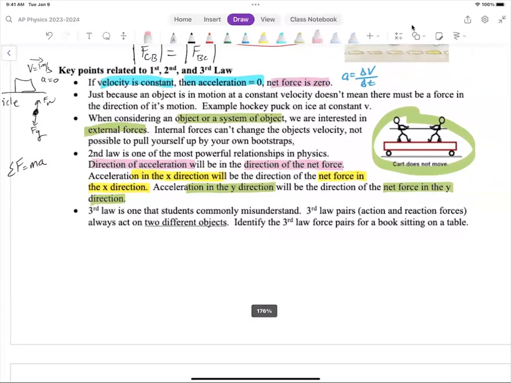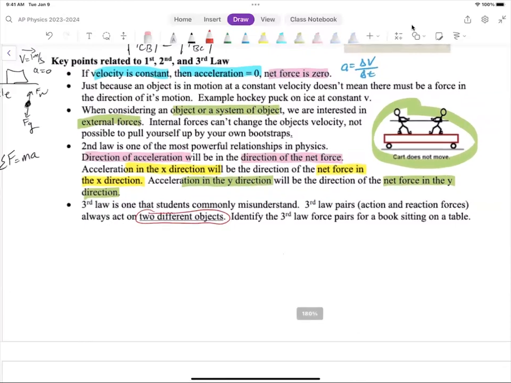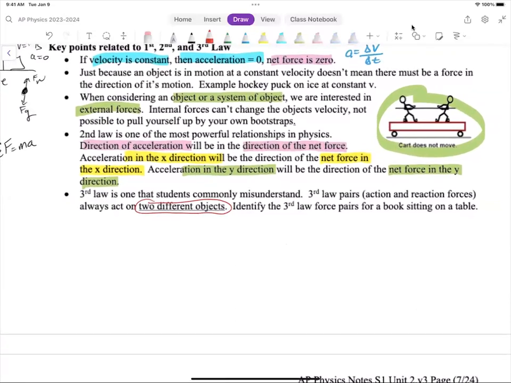Lastly, third law is one that students commonly misunderstand. Third law pairs, action and reaction forces, must act on two different objects. Identify, for example, the third law pairs for a book sitting on a table. Here is a book. Here is a table.